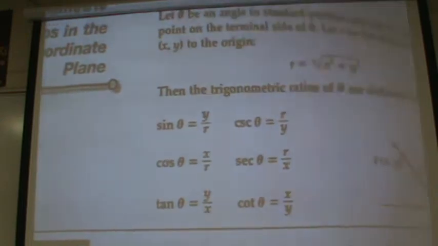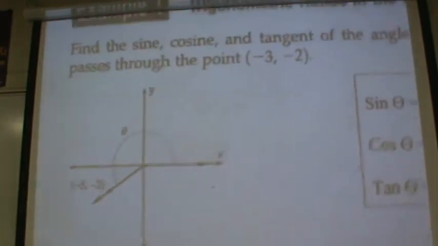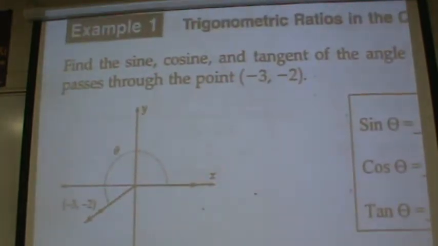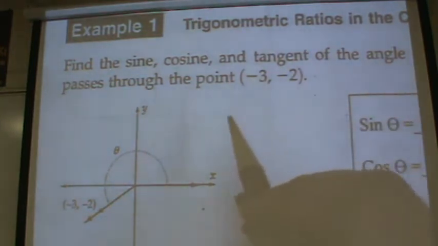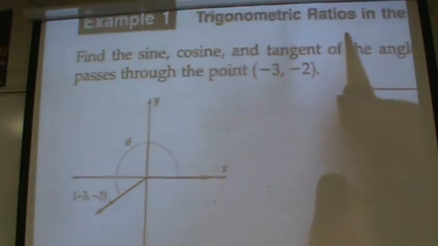Now we're going to use this to do your first example, problem number 1. Everybody have problem number 1? Let's take a look at that. It says find the sine, cosine, and tangent of the angle that passes through -3, -2.